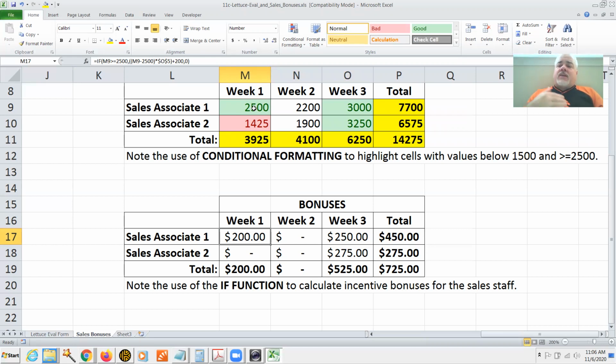They didn't get an extra 10 cents because they didn't sell 2,501. What happened if they did do 2,501? They get an extra 10 cents. Did you see that automatically change? They just earned an extra 10 cents. 2,502, they made an extra 20 cents on their bonus.